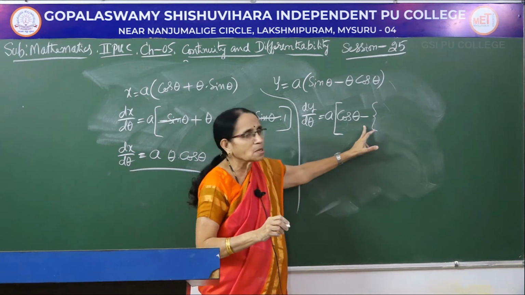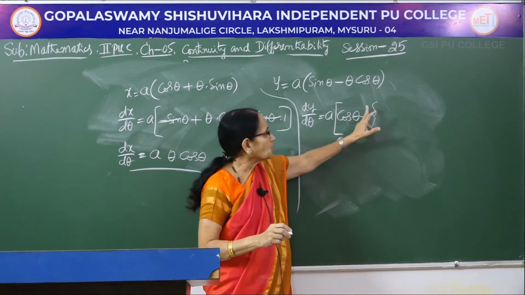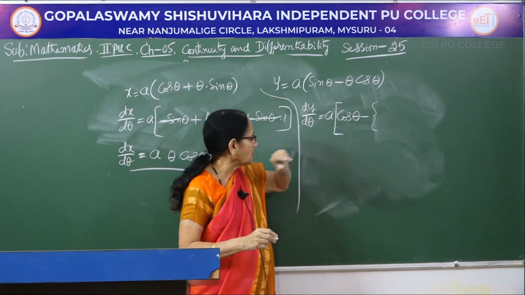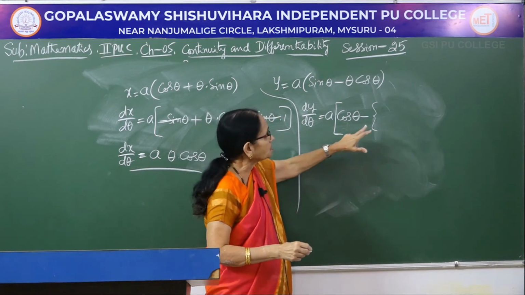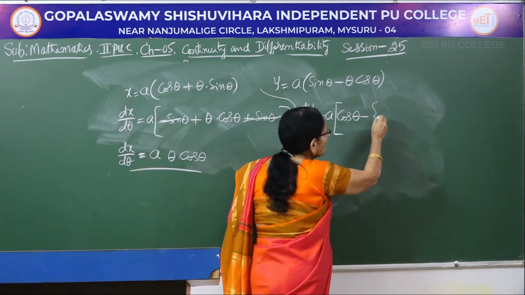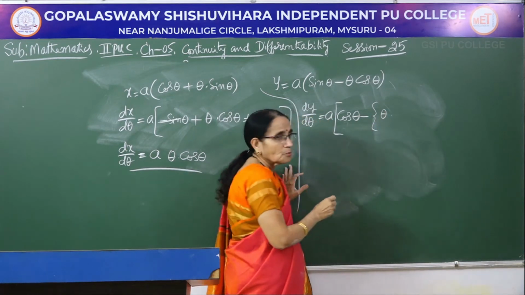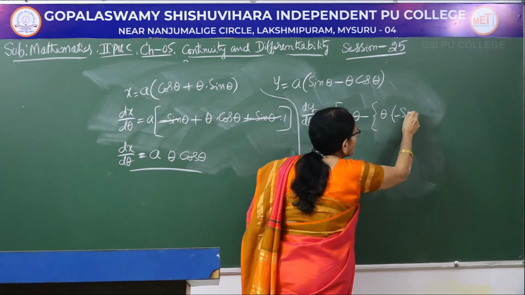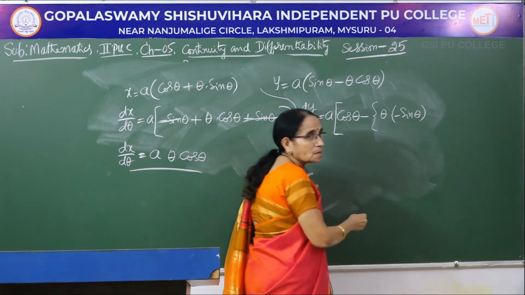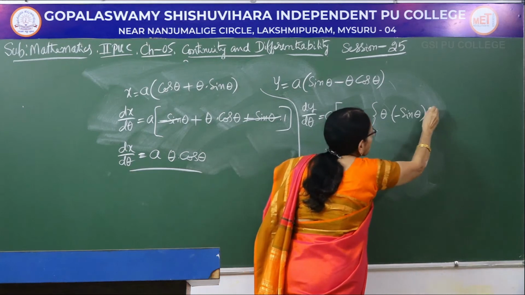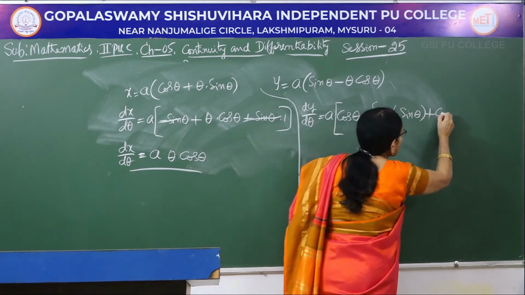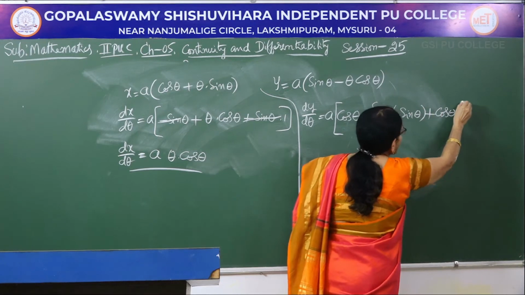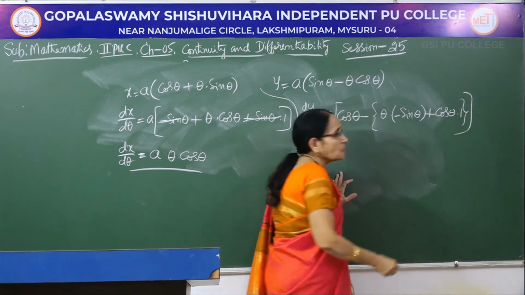Both of them should be multiplied by the minus sign. If you don't use the bracket, you may not multiply both the terms by the minus sign. Therefore, always write inside the bracket. So theta, the first function, into derivative of cos theta is minus sin theta, plus second function cos theta into derivative of theta is 1. Now close all the brackets.